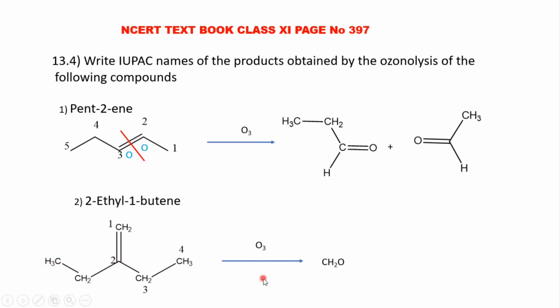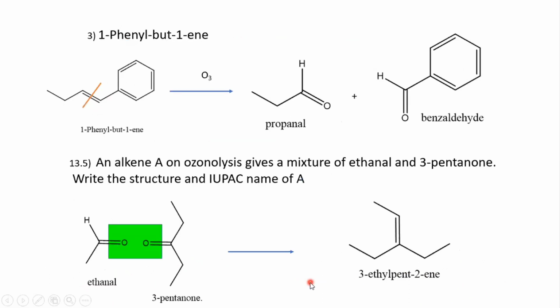We have to break the double bond over here and then write the products. Simply break it, you will get 1 carbon aldehyde, that is formaldehyde, and this is 1, 2, 3, 4, 5 pentanone. Which pentanone? That becomes the 3-pentanone or pentan-3-one.